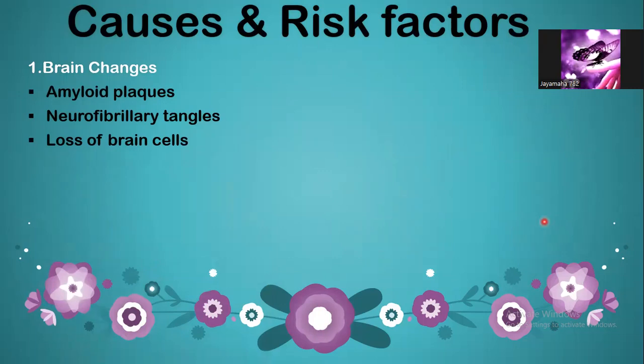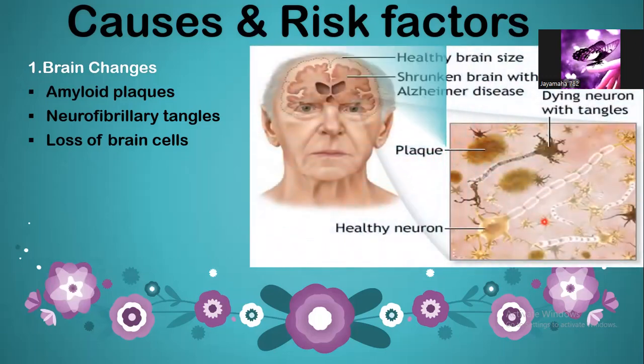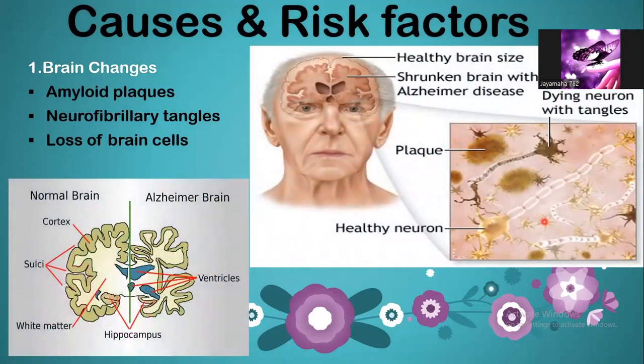So, let's see the brain changes related to Alzheimer's disease. They are the formation of amyloid plaques, neurofibrillary tangles, and loss of brain cells. From that, the first one is the amyloid plaques.